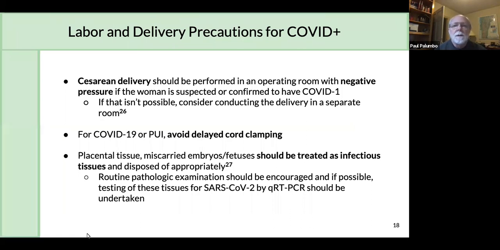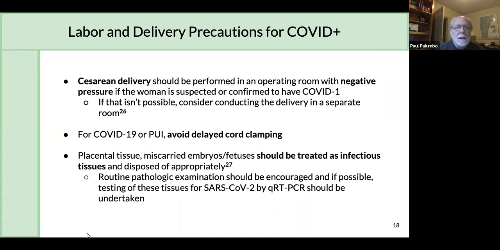So, labor and delivery precautions. So C-section, cesarean delivery, should be performed in an operating room with negative pressure if the woman is suspected or confirmed to have COVID-19 infection. If that isn't possible, consider conducting the delivery in a separate room.